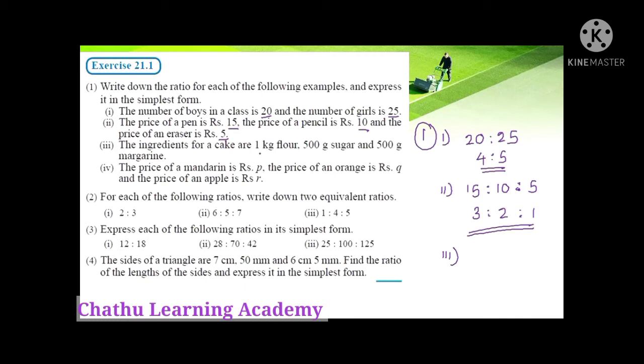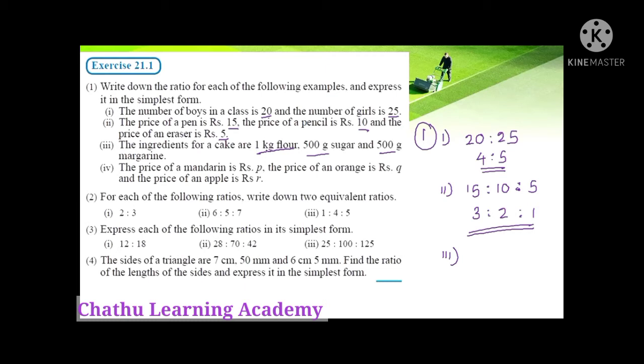Ingredients for cake: 1 kilogram flour, 500 gram sugar and 500 gram margarine. Then here the mass given in two different units. We want to convert these units into a similar units. එකම ඒකකයකට අපි convert කරන්න ඕනේ. Here we can convert amount of flour.